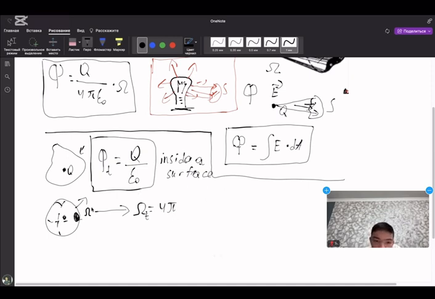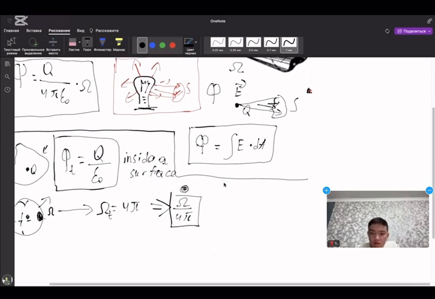We can take one small area, and the flux corresponds to the fraction of the sphere it covers: the solid angle divided by 4 pi. So the flux through a smaller surface simplifies to the fraction multiplied by the total flux.